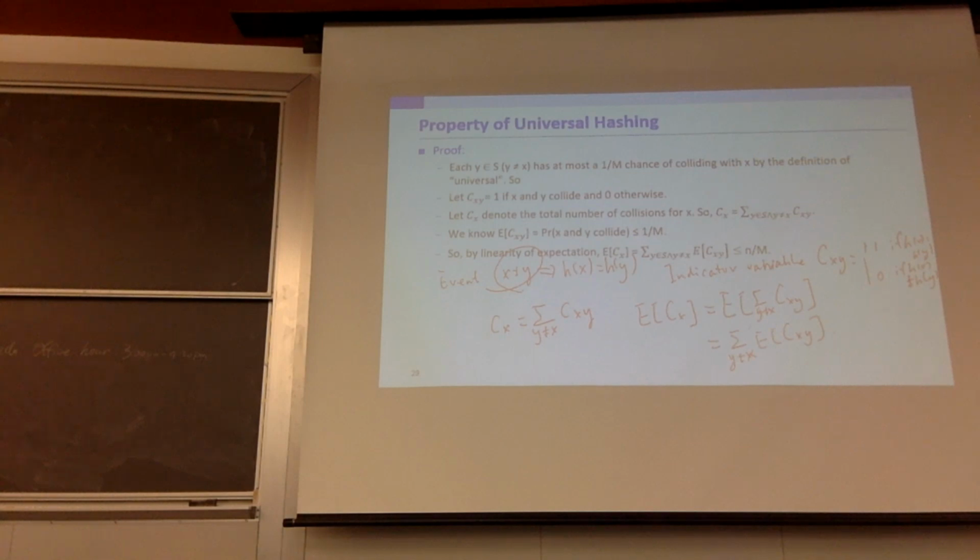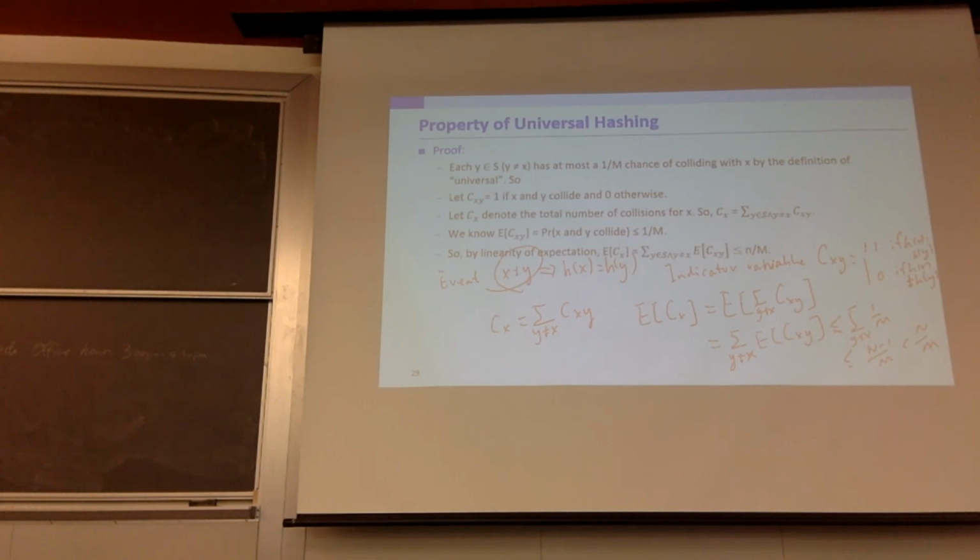So you plug that in, and it's smaller than the summation over y not x of 1 over m. How many elements y are not equal to x? That's n minus 1. And this is smaller than n over m. That concludes the proof.